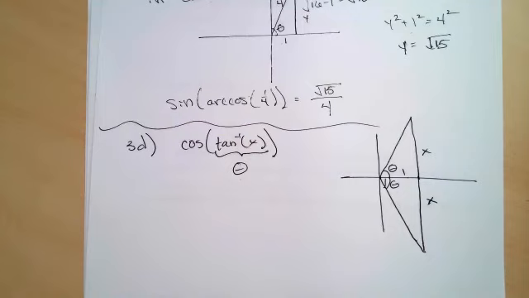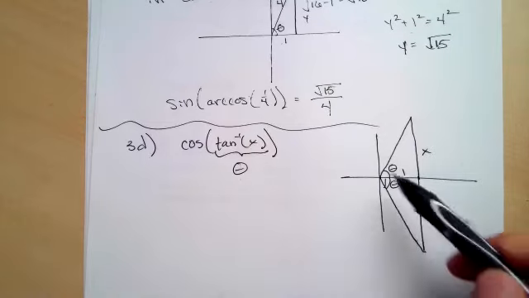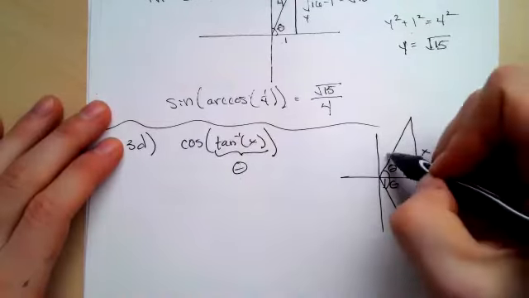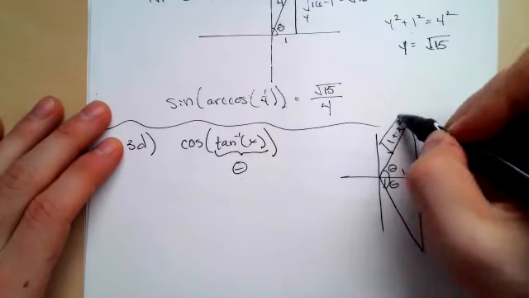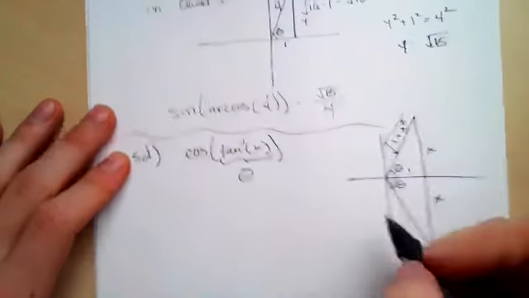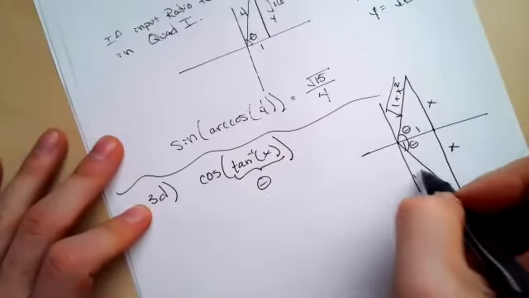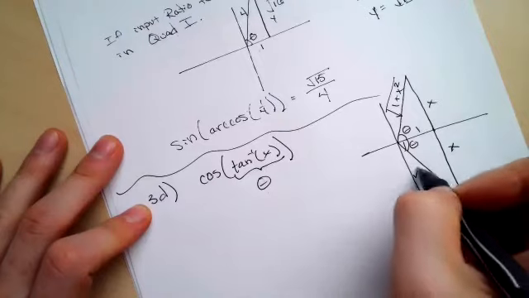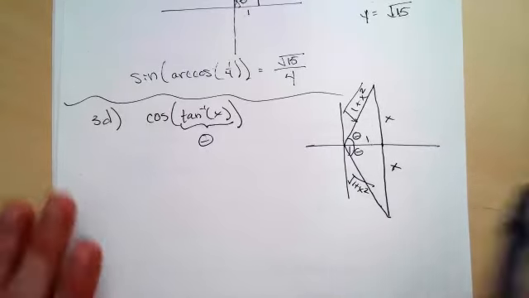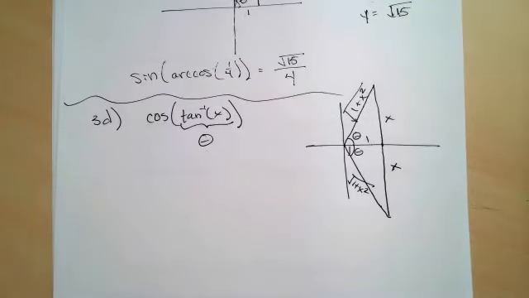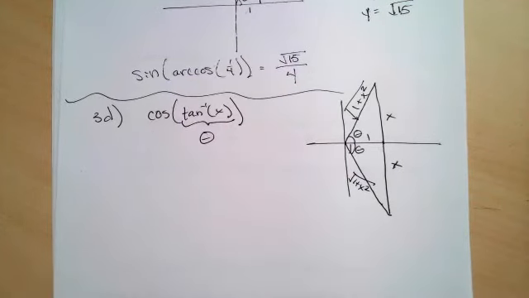But regardless, what's going to happen when we compute cosine of this angle, no matter which position it ends up being? How do I compute the hypotenuse? We do the Pythagorean theorem. So 1 squared plus x squared, square root. And because the hypotenuse is positive, it's going to be the same on either triangle, square root of 1 plus x squared. And now we see what's going to happen when I compute cosine of this angle.